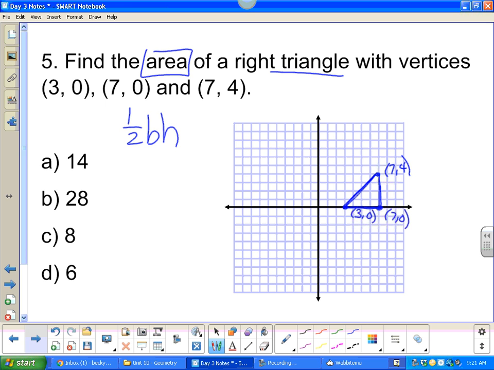This is our hypotenuse, so this is the base, and this is the height. And normally on a right triangle, you've got to use the distance formula to find it. But because this one is laid out vertical and horizontal, all we have to do is count. Our base is 4, and our height is 4. And so 1/2 times 4 times 4, well, 4 times 4 is 16, and half that would be an 8.